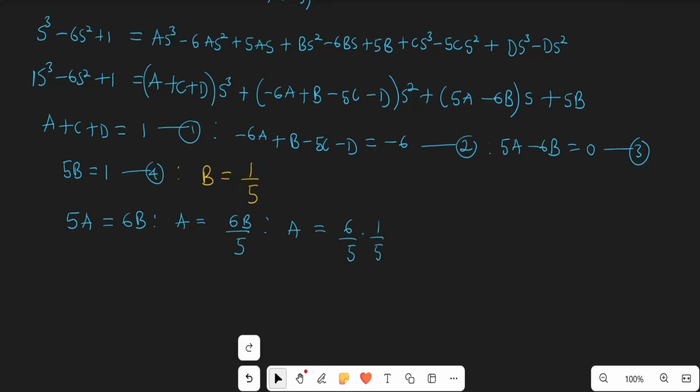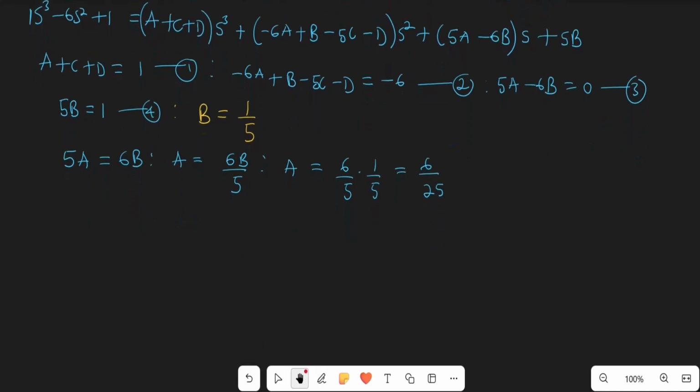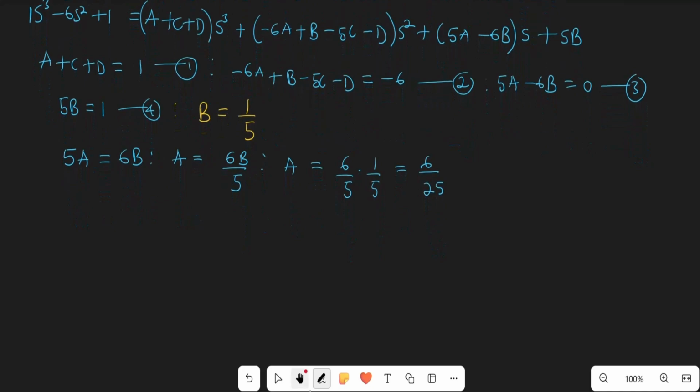And that is simplifying to 6 over 25. So that means that A is equal to 6 over 25. So let me just put them here in yellow pen for easy identification. So A is 6 over 25. We have gotten that, and B is equal to 1 over 5.